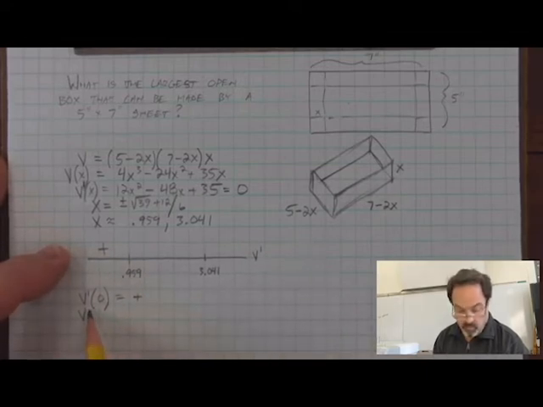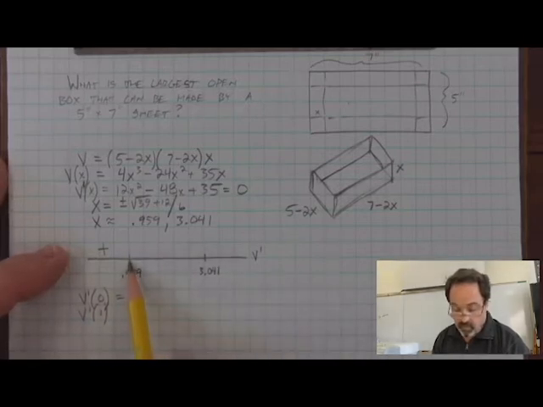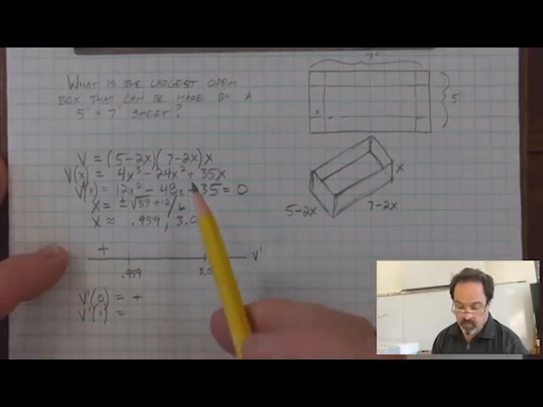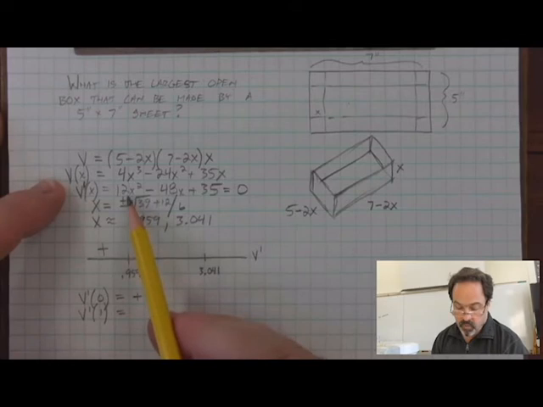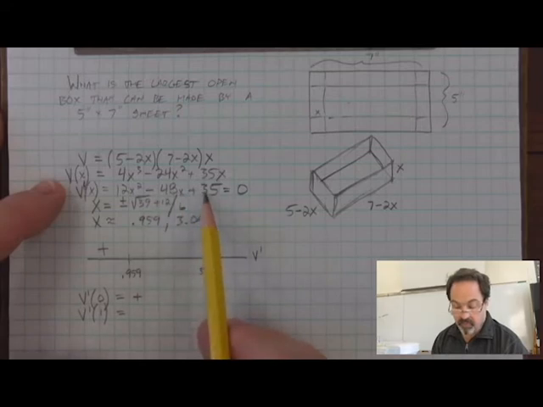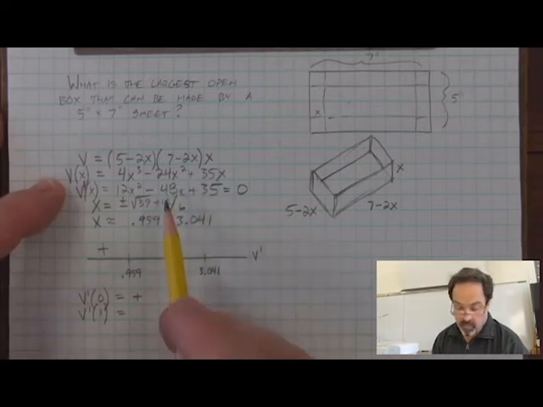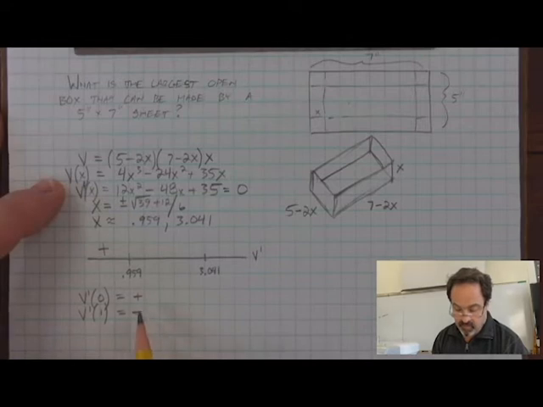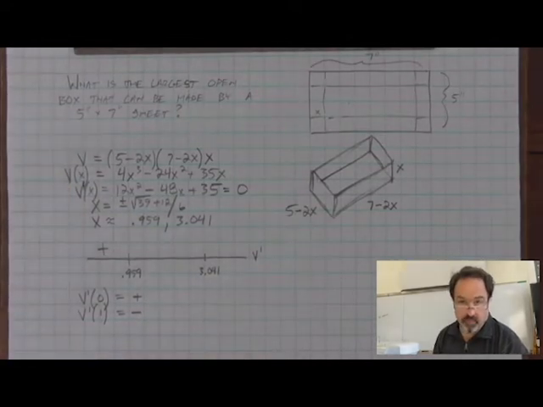If we put 1 into the derivative, which is easy to use and very close after 0.959, then we get 12 minus 48 plus 35. And the sum of 12 and 35 is 47, so the term negative 48 is slightly bigger in magnitude, and therefore the value of the derivative is negative.